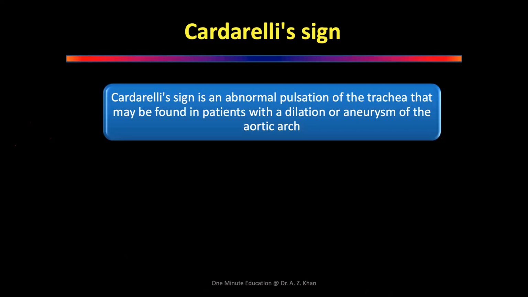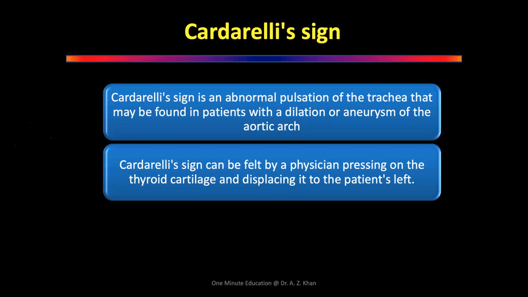So Cardarelli's sign is an abnormal pulsation of the trachea that is found in patients with a dilatation or aneurysm of the aortic arch. So you have to actually feel for the trachea, and transmission of pulsation usually indicates presence of an aortic aneurysm, okay? It's one of the subtle signs.